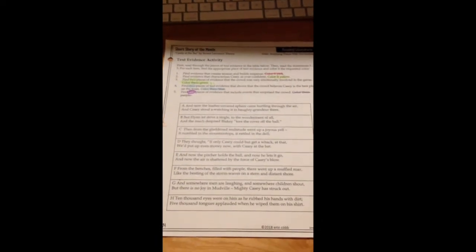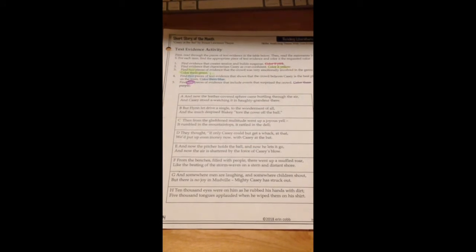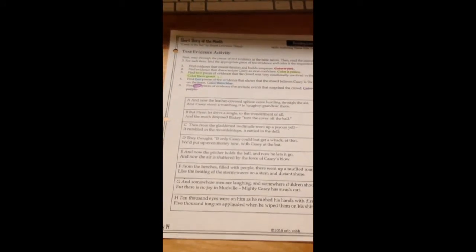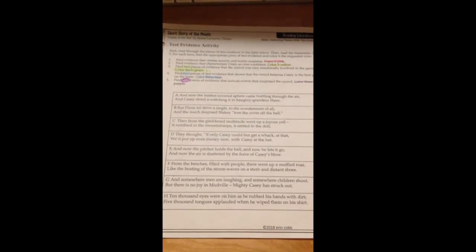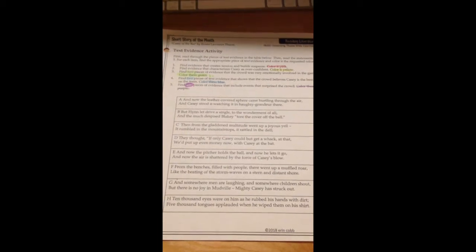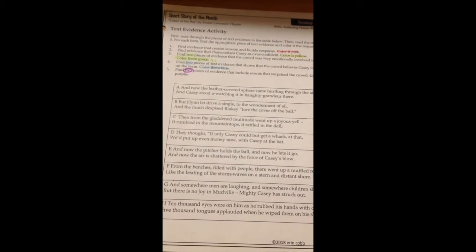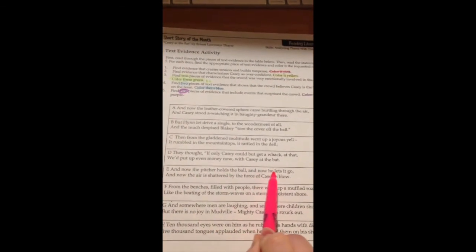You know how much I love my order, so let's start out with number 1. Find evidence that creates tension and builds suspense and color it pink. To me, I think they build the most tension and suspense in letter E. And the reason I say that is, it says, and now the pitcher holds the ball, and now he lets it go.